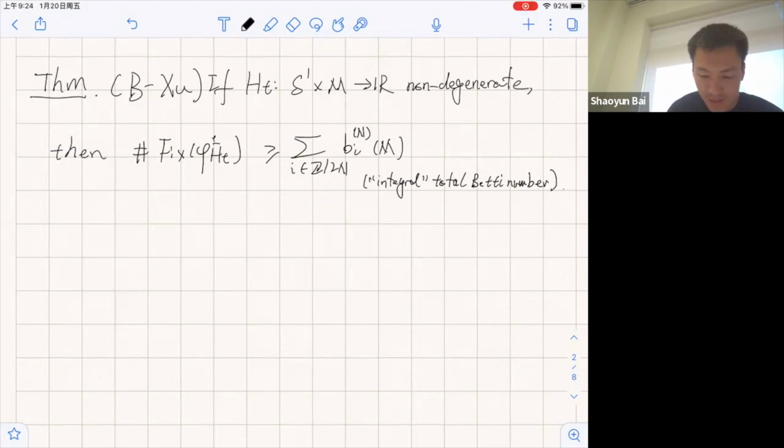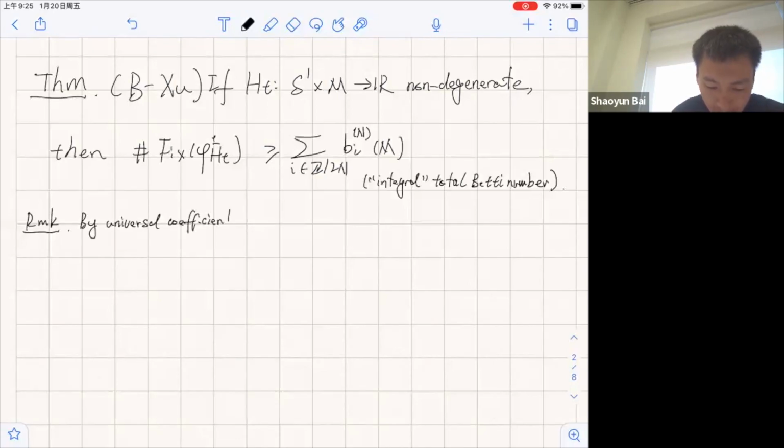Let me add some explanations of this statement. Because we are talking about integral homology, by the universal coefficient theorem, we can go from this integral version of total Betti number to Betti numbers over fields.